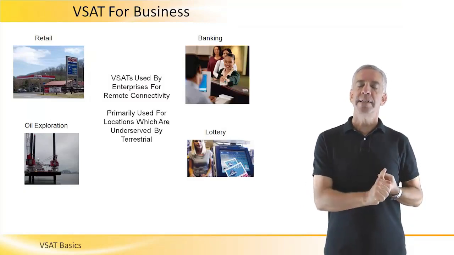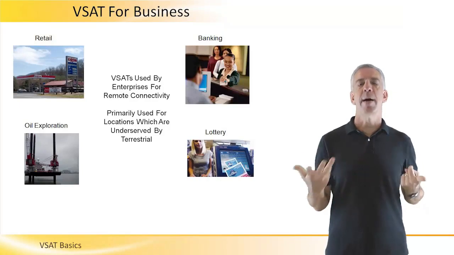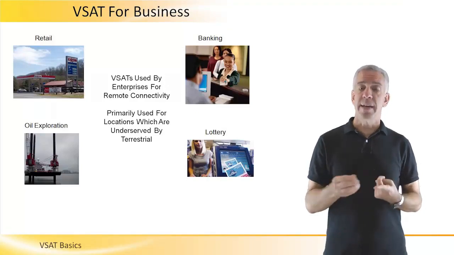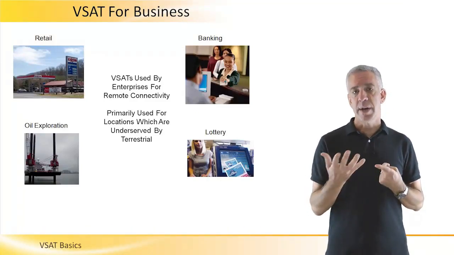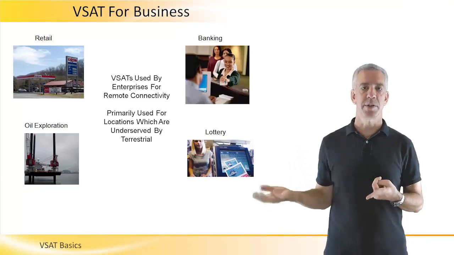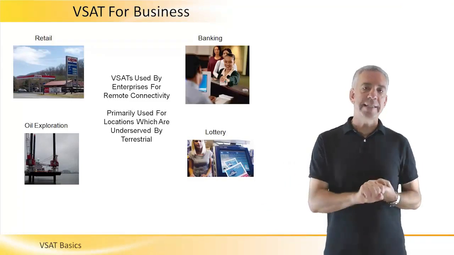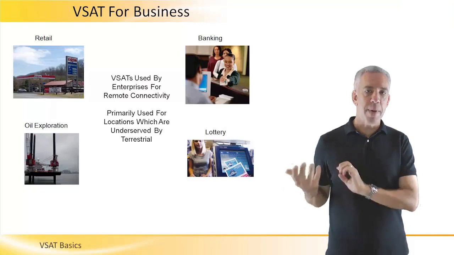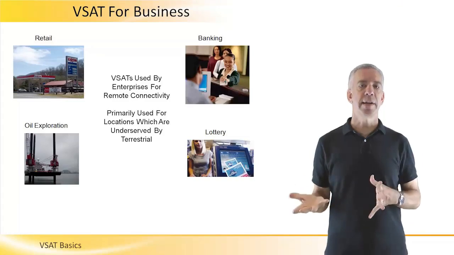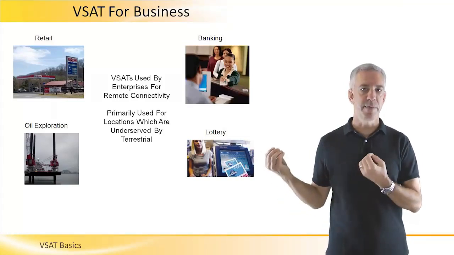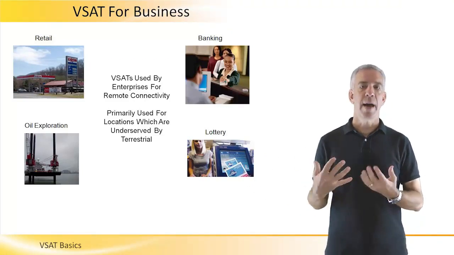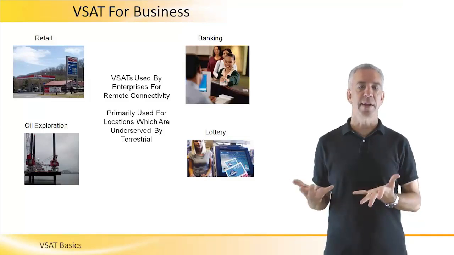Number one, VSAT is used for filling broadband gaps from the terrestrial service area. So VSAT complements DSL and wireless services to enable connectivity to business locations that are unserved or underserved by terrestrial means. And number two, VSATs, because they have true path diversity from the terrestrial network, enable high availability networking, which means an enterprise can use VSAT to complement its terrestrial communications and thereby have a very high availability networking solution.